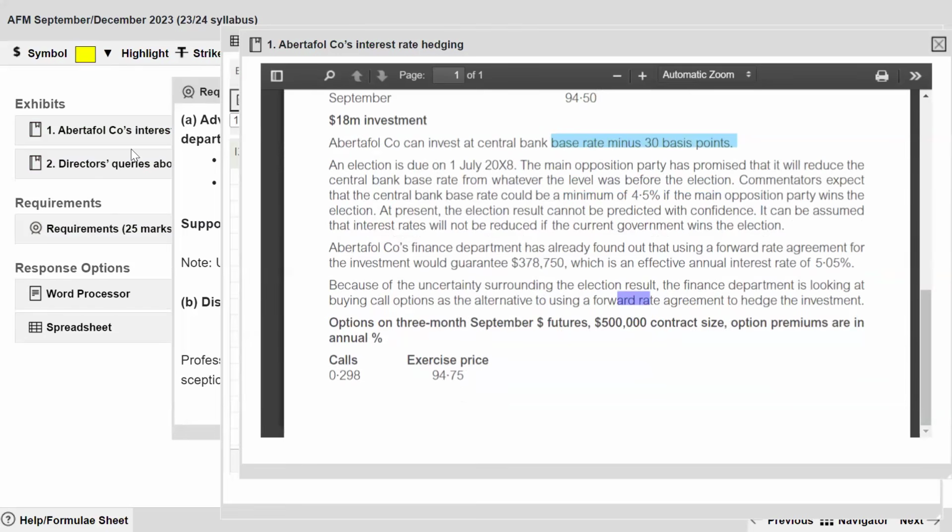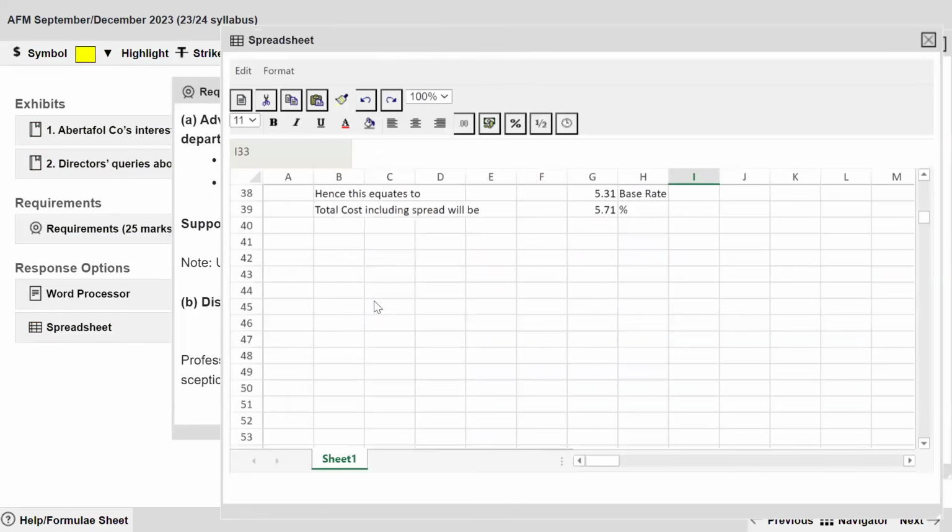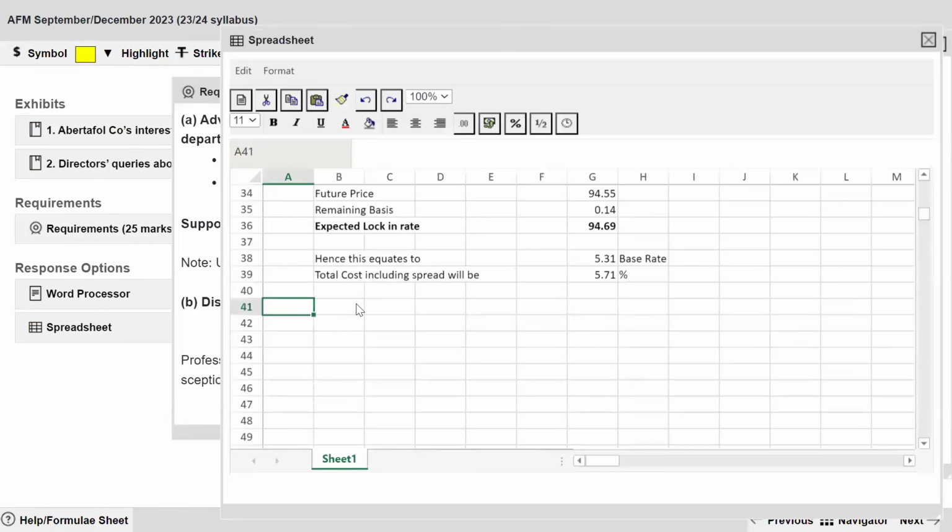Now see, what do we need to do now? It's like an $18 million investment.